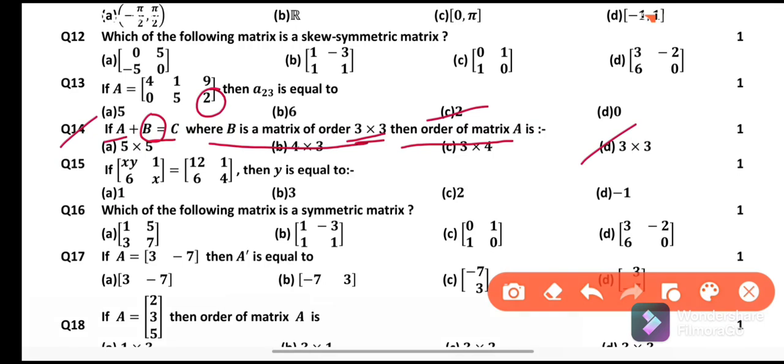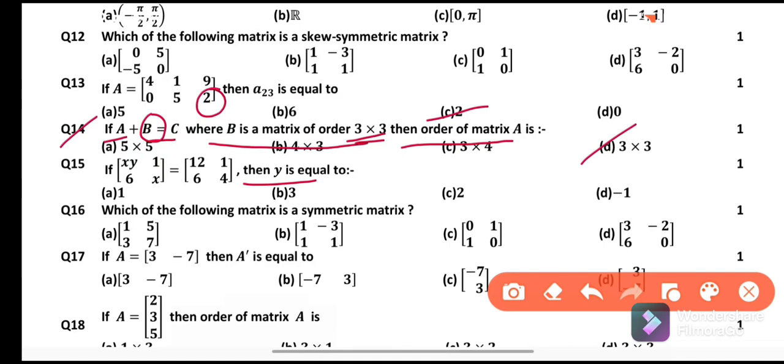Because for addition of matrices, all matrices have the same order. So A, B and C are 3 by 3 matrices. So answer is D option. Next question 15. If [x, y; 1, 6] times x is equal to [12; 1; 6] and 4, then y is equal to.